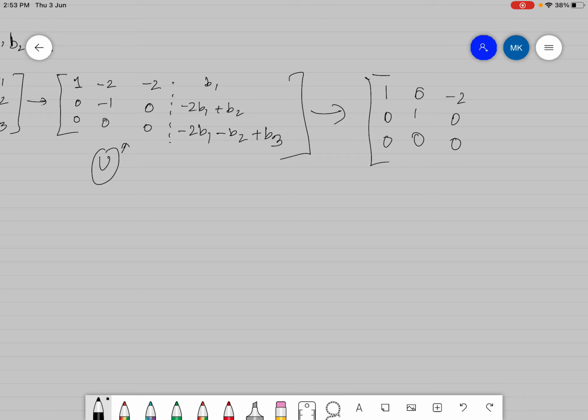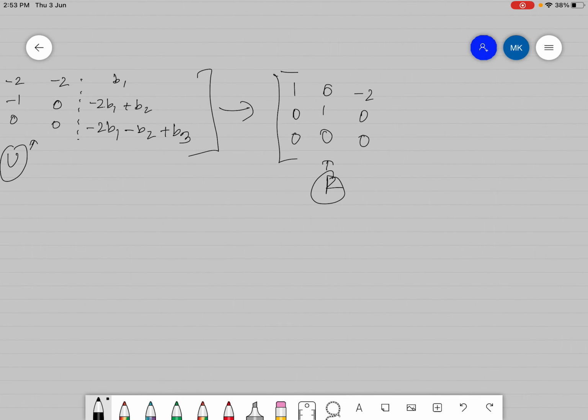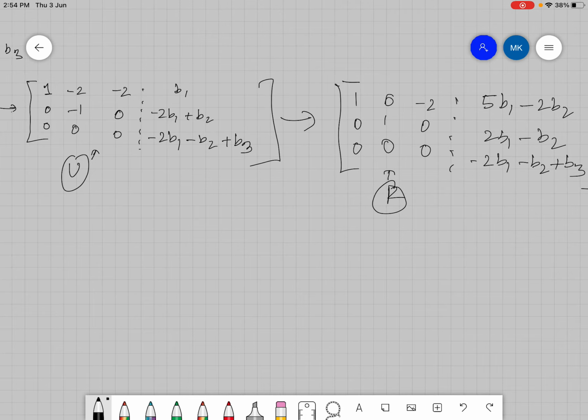So this is the row reduced echelon form here, and you will get 5b1 minus 2b2, 2b1 minus b2, and we have a negative 2b1 minus b2 plus b3. Okay, so you know the solvability condition.